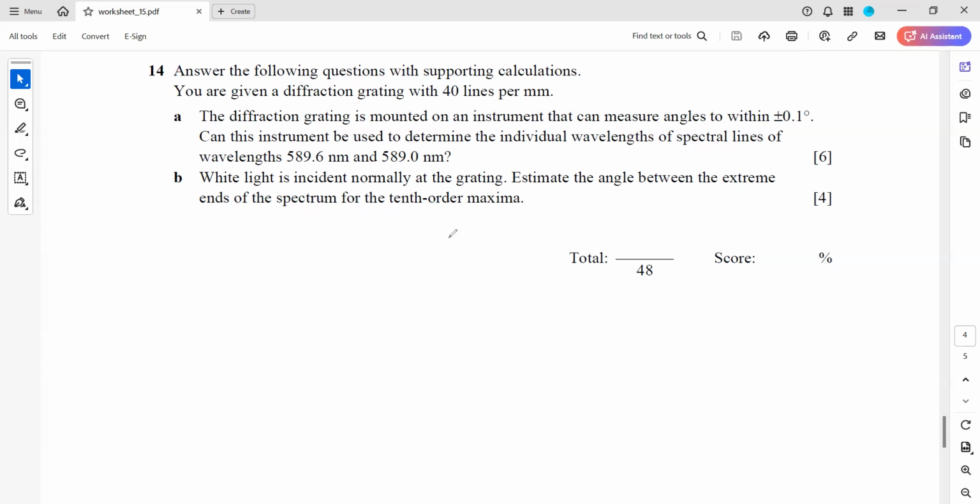We use the formula d sine theta equals n lambda, and we find the maximum value for n. So how to work out the maximum value of n? The theta should be 90.